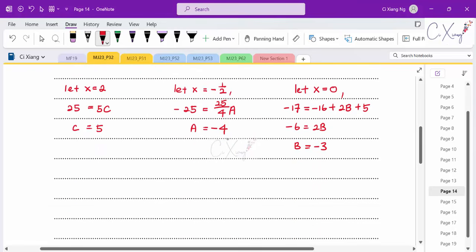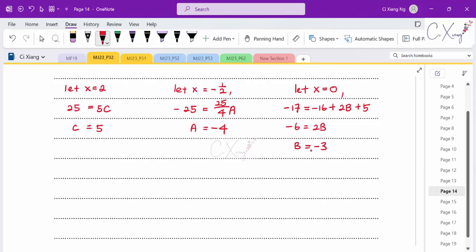Okay, then now once you get the values for a, b, and c, that means we already actually get the partial fraction. Usually for my practice, I prefer to write out the expression again.